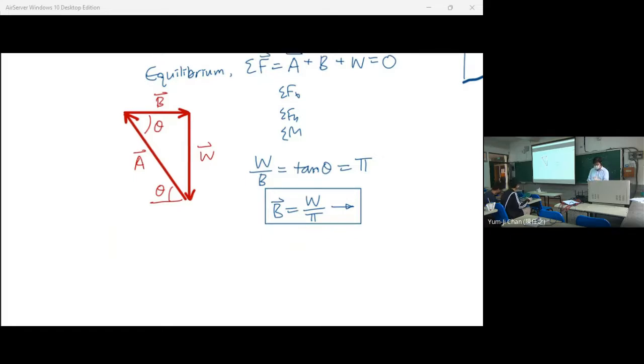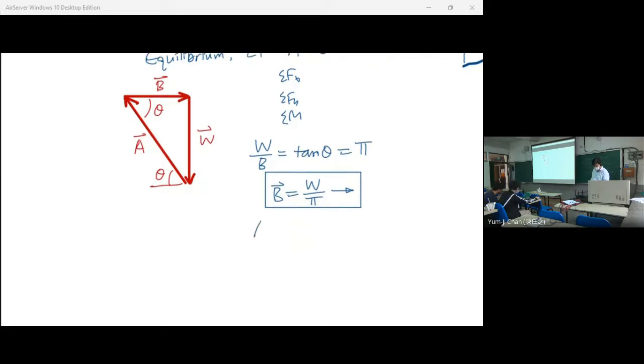There are two ways to write A, and you can use sine theta to write A. But to me, I simply use this theorem. How do we say this one in Chinese? I've forgotten.